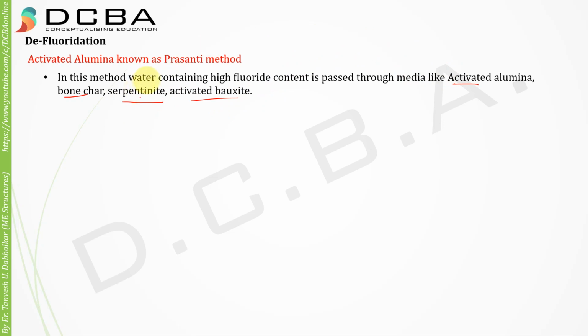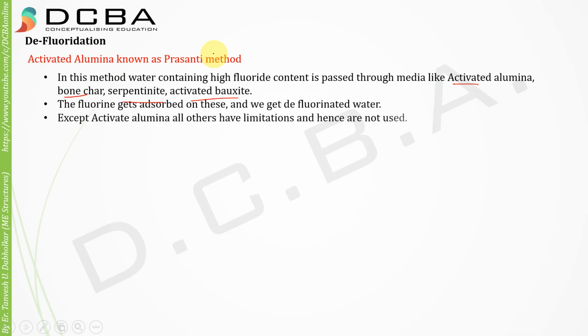When the highly fluoridized water passes through these compounds, the fluorine inside the water gets adsorbed on them, and thus it can be removed. Except for activated alumina, all others have limitations and hence are not used. The adsorption method is carried out at a slightly acidic pH of 5 to 7.